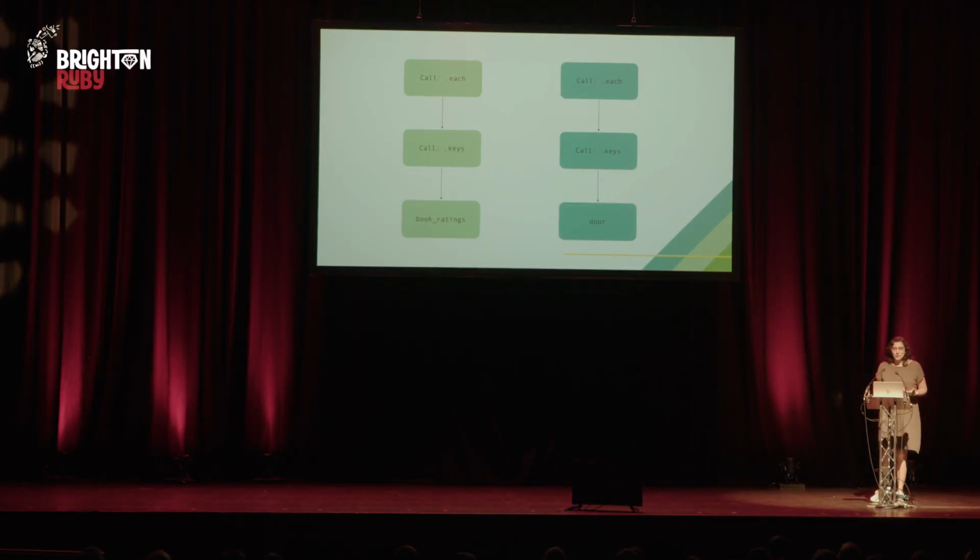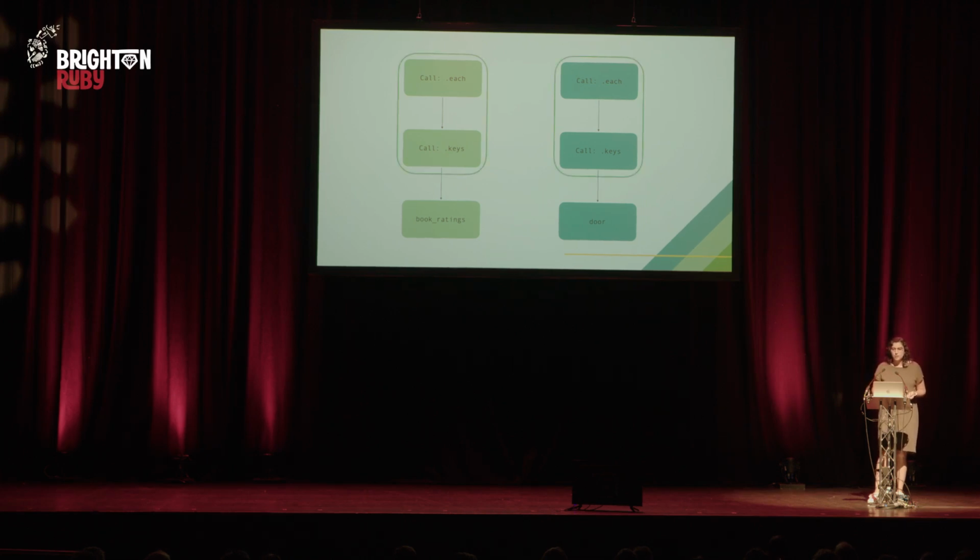Well, under the hood, Rubocop converts code into something called an abstract syntax tree. An abstract syntax tree is a way for computers to represent code so that they can examine the structure of the code and understand what is going on. So these are the syntax trees for our two examples.